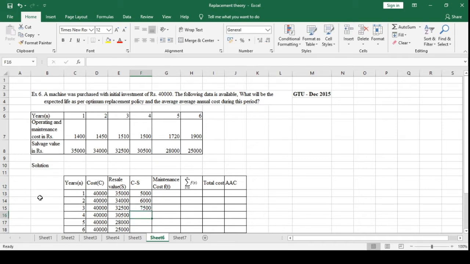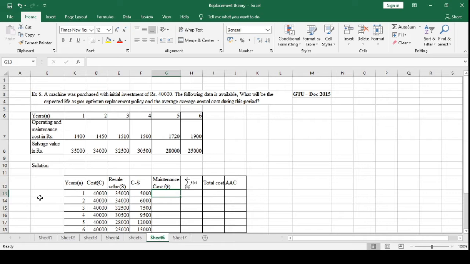For the fourth year, 40,000 minus 30,500 is 9,500. For the fifth year, 40,000 minus 28,000 is 12,000. And for the last year, 40,000 minus 25,000 is 15,000.